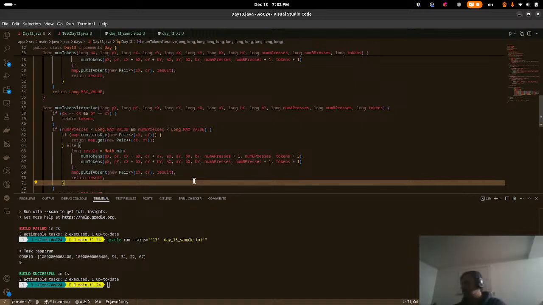Let me see like how much time people took to solve this. Let's see like how much I'm overthinking this. So Jonathan Paulson, he took like 35 minutes.